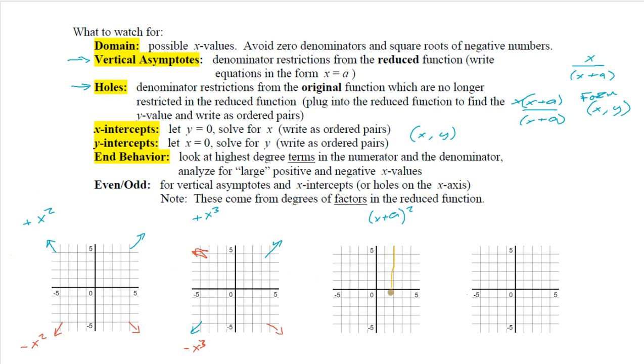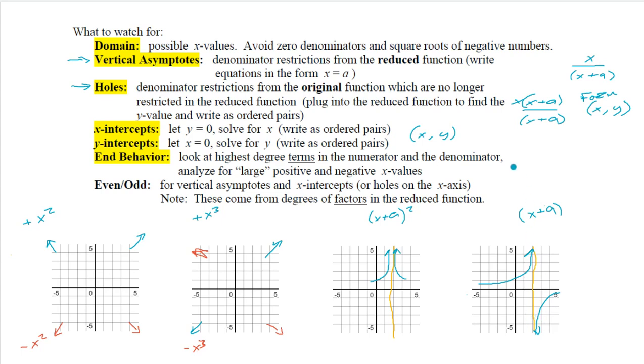So if our a was down here and this was our asymptote, then the end behavior as it approaches that asymptote is going to be on the same side, either from the left or from the right. If it is an odd redundancy, so if our x plus a was cubed in this case, or one time or 3 times or 5 times, then our end behavior here is going to go on opposite sides. And so this would be something like this as an example.